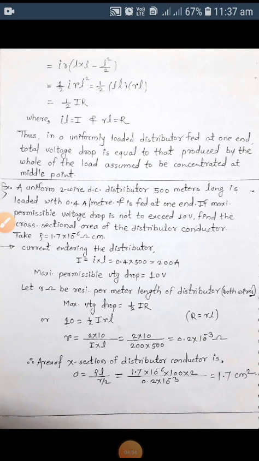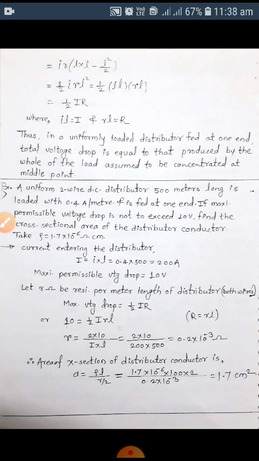So in this way we have to do the calculations for distributor fed at one end with the uniform loading. So friends, let's solve one example for that type of feeder. I will read the example first, then we will try to solve that.